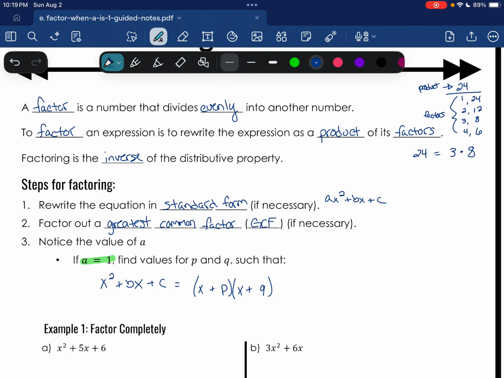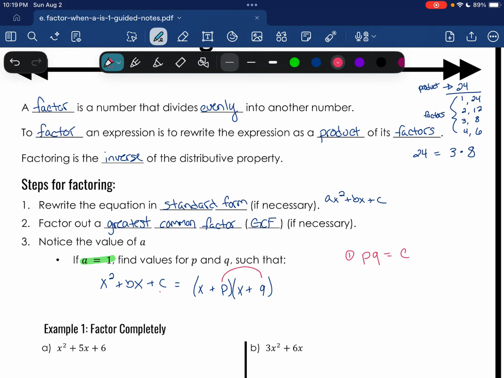And let's talk about p times q. p times q here is what's going to get us C, this guy right here, our constant term in the trinomial.